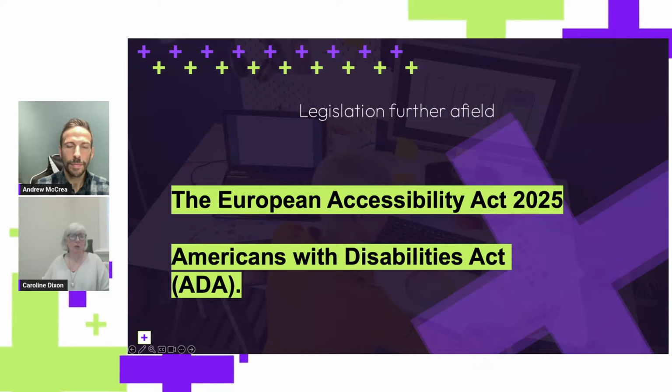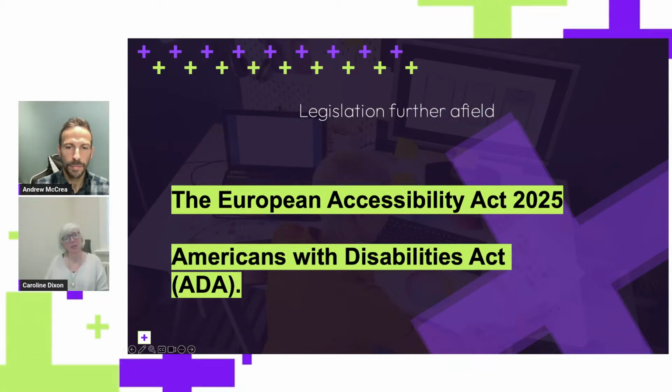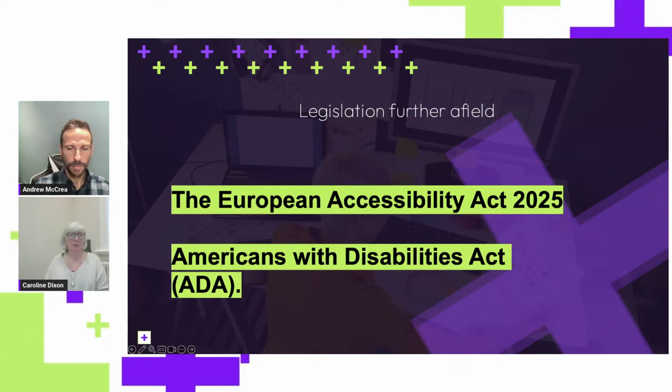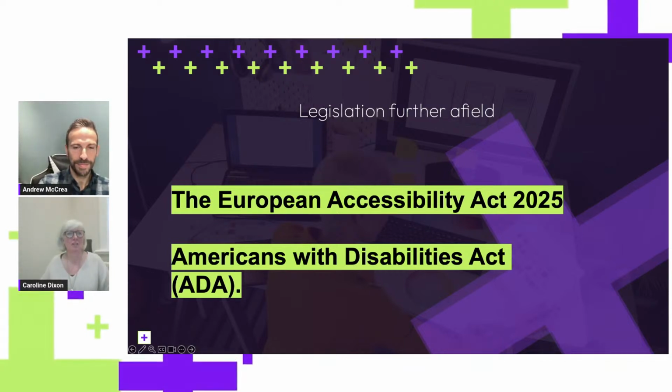And for America, it's the Americans with Disabilities Act, and that protects individuals with disabilities from discrimination and guarantees equal opportunity in the public and private sectors. Just a little note to say, obviously in the States, you're more likely to be sued. So definitely one to be aware of.